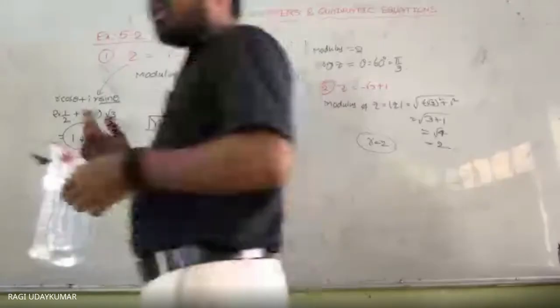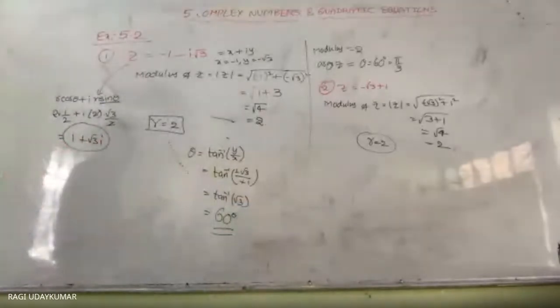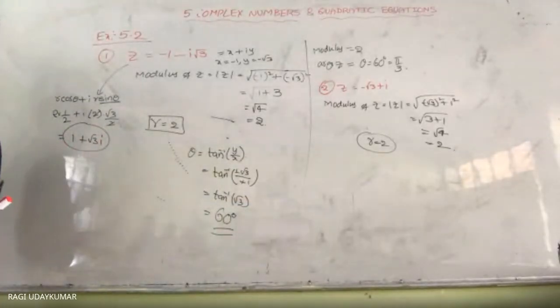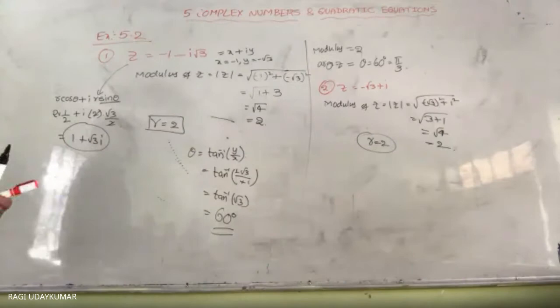Actually, polar form is nothing but r cos theta plus i into r sin theta. Theta is equal to pi by 3, we have this.